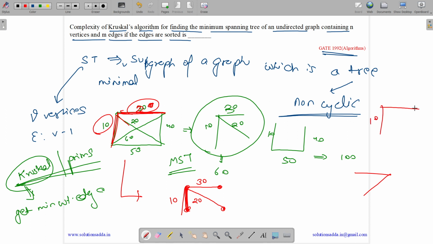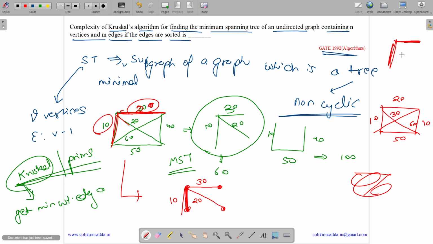We have 10 over here, 20 over here, 30 over here, then we have 40, then 50, and then 60 over here. So first of all we take the minimum, 10. Then we take the next minimum, 20. Then the next minimum, 30, is forming a cycle, so we do not take it, and we take the next minimum, which is 40. So in this case MST is 70. Okay, so this is the Kruskal algorithm.